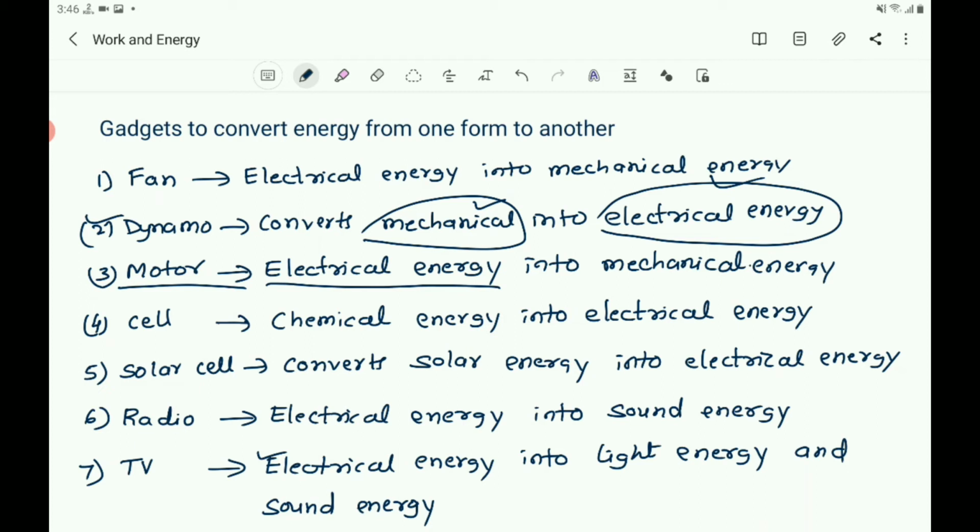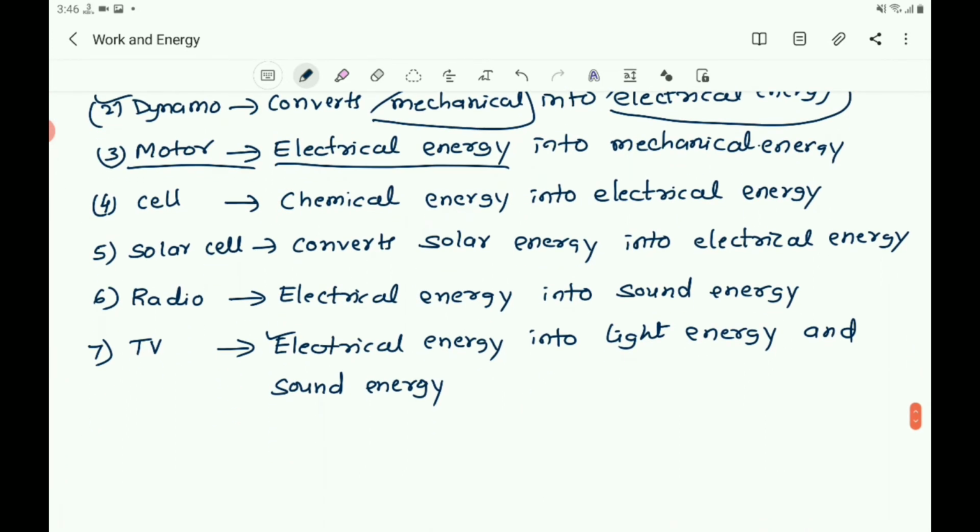So, in all the cases, before the conversion and after the conversion, the energy remains the same. Whenever energy gets transformed, the total energy remains unchanged. So, that is the law of conservation of energy.